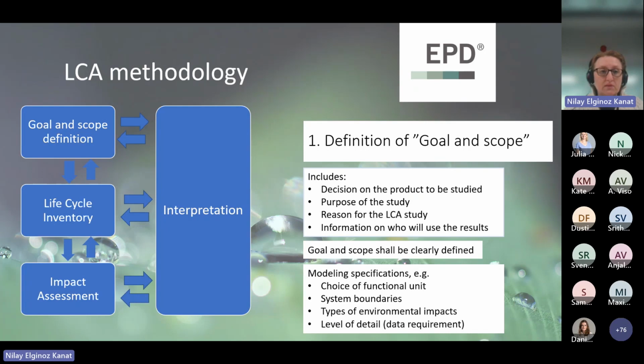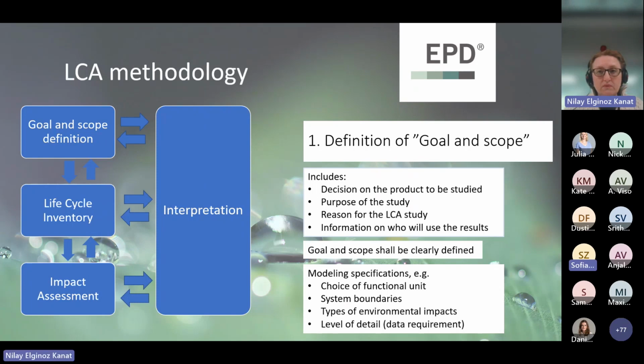But then you can decide that you should go further, like having larger system boundaries, and you can go back to goal and scope and include more processes. Or in the life cycle inventory, you might understand that something is so little and will have very little environmental impact, so you might cut off some of them, and then go back to goal and scope definition. So this is an iterative process.